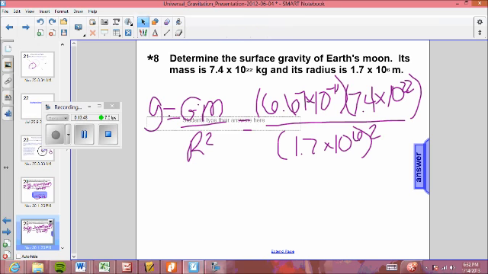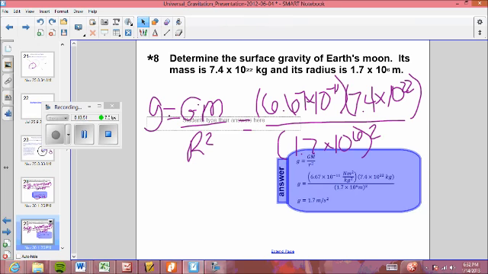It's all the same equation, you just have to plug everything in, and I'll show you how to do it on the calculator. And you get this answer.